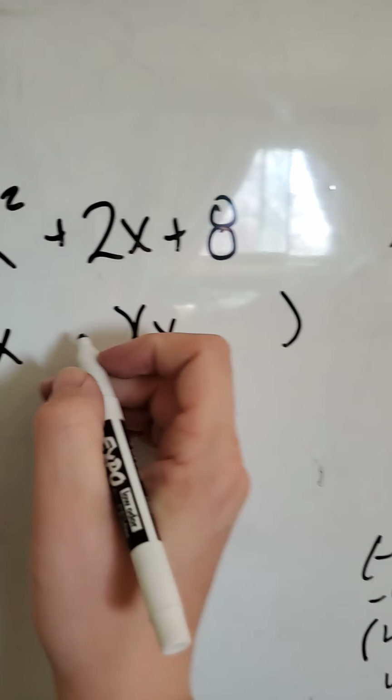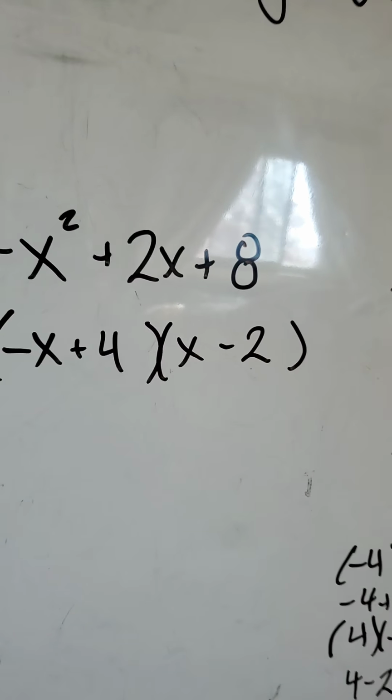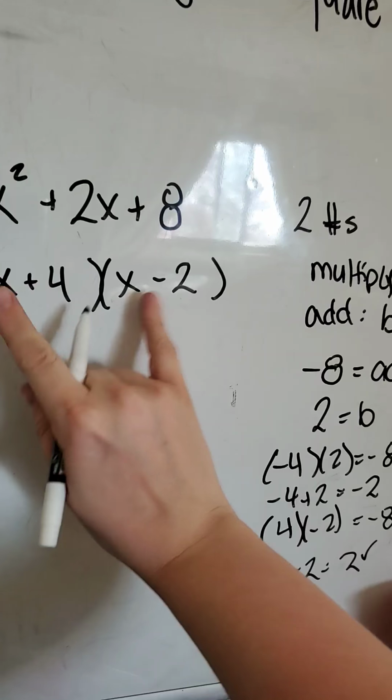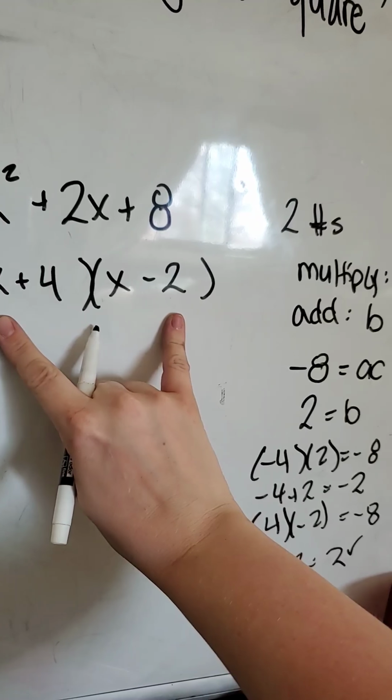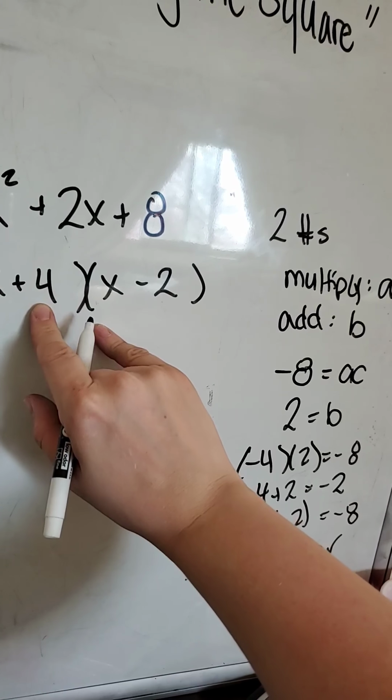So I'm going to put these up in here. So we have positive 4 and negative 2. And we could check our work here. This would be negative x squared plus 2x plus 4x minus 8.